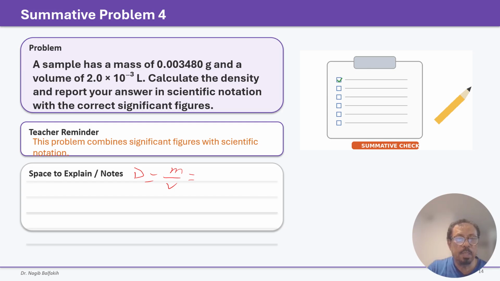If I want to write it in scientific notation, 1, 2, 3, so 3.480 times 10 to the power minus 3 gram over 2.0 times 10 to the power minus 3 liter.